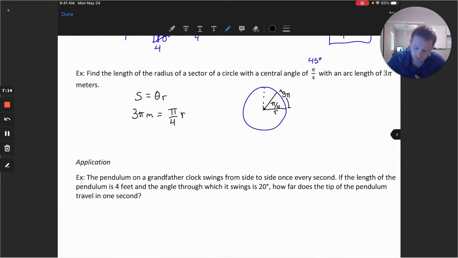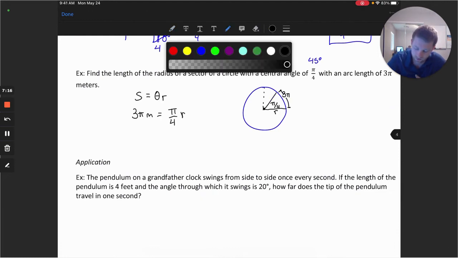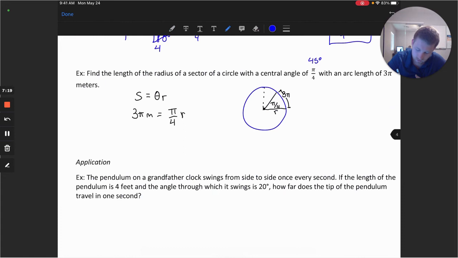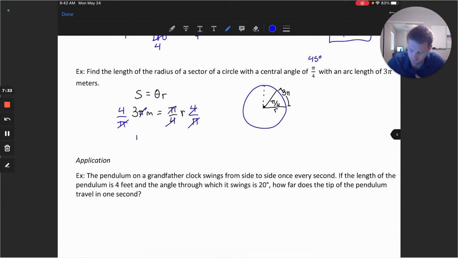So here we can multiply both sides by a reciprocal fraction, we'll call it 4 over pi, and solve for r, the radius. And so the pi's will cancel out here, and we'll be left with 12 meters for my radius. So the radius r is going to be 12 meters for this given circle with those components.